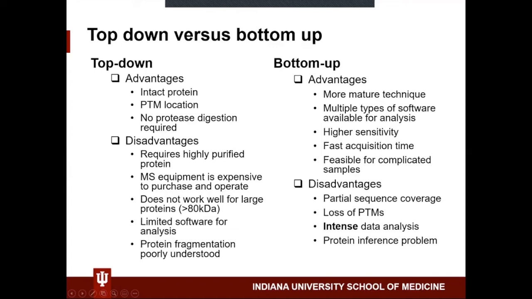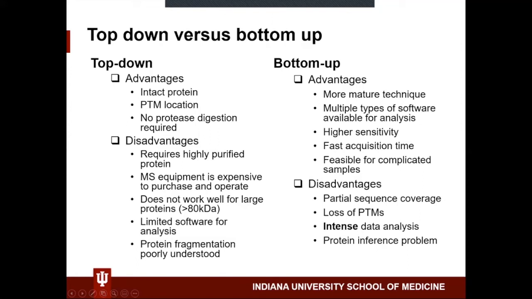You're never, or very rarely would you get 100% sequence coverage. It can require using a lot of combinations of proteases and having pretty pure protein to begin with. There might be PTMs that are on peptides that are too long or too short, and you won't see those. And yeah, there's intense data analysis for both of these.